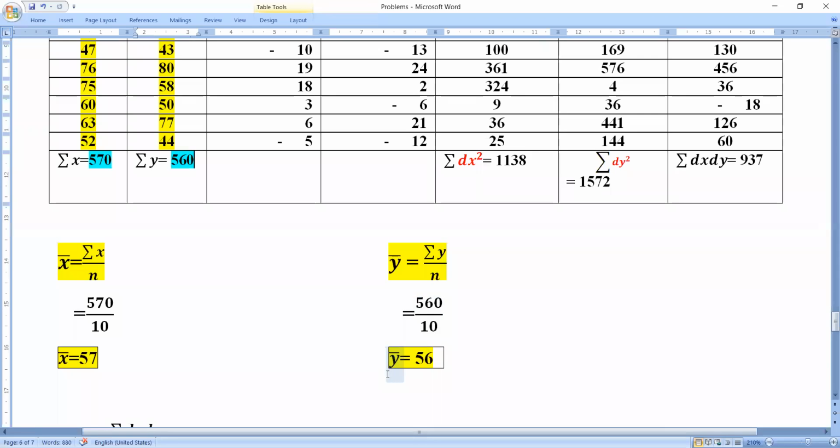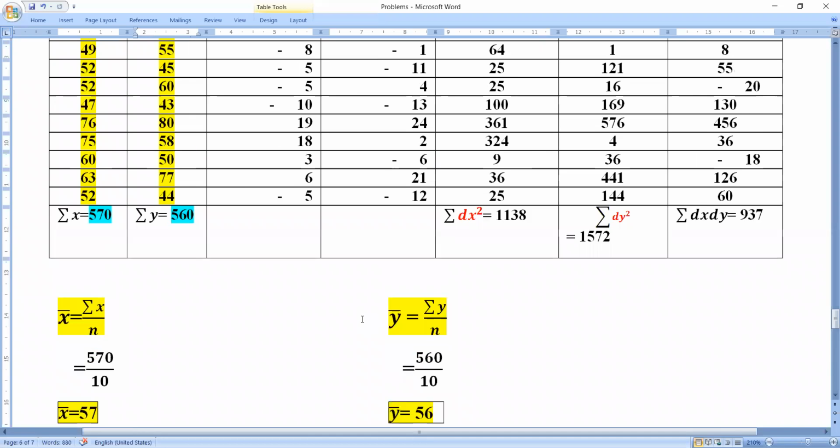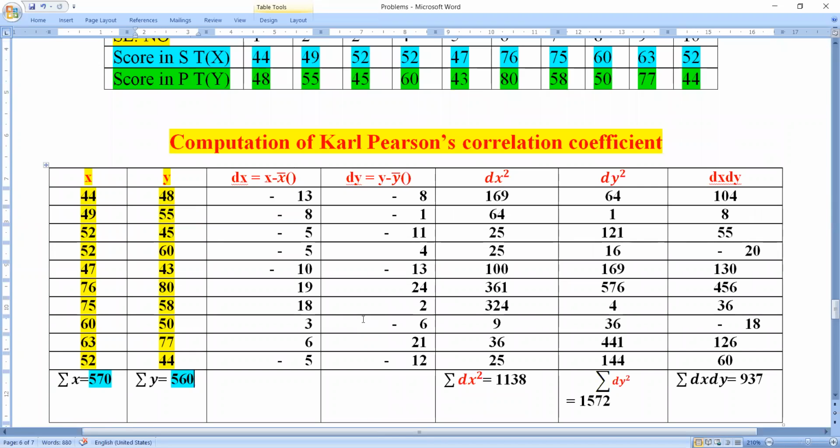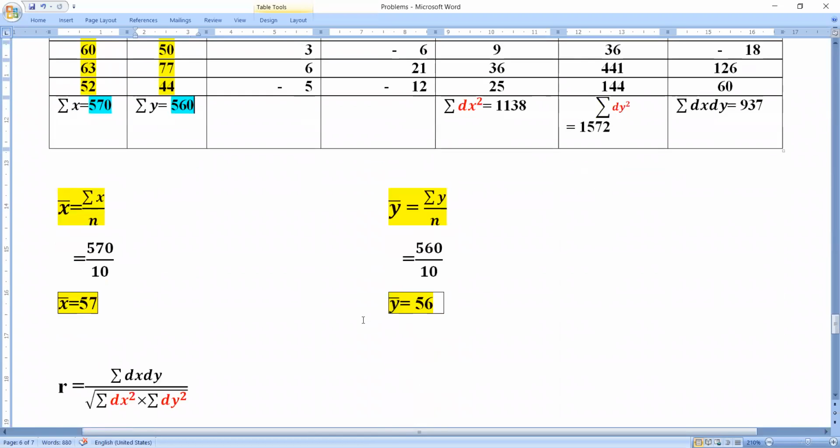So how much do we get? Y bar equals 56. This is the mean value of the X series and Y series. Either we get fractions or we get round values here. For X bar we get a round value and for Y bar we get a round value.